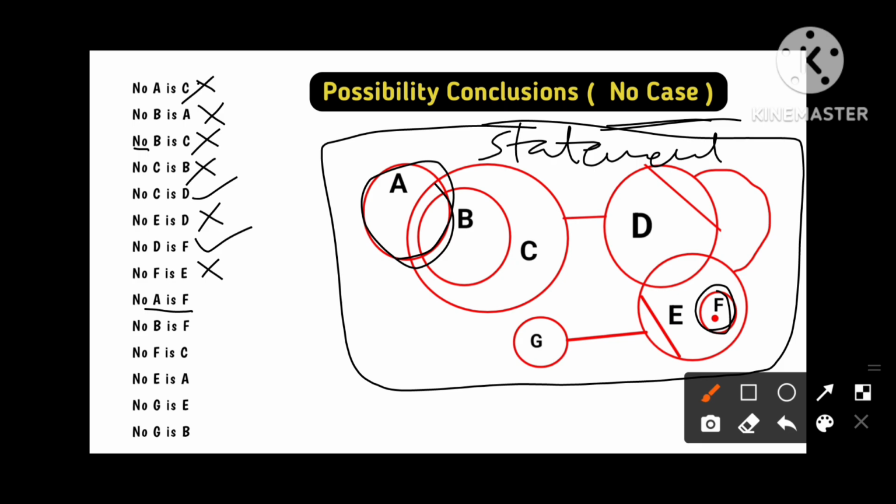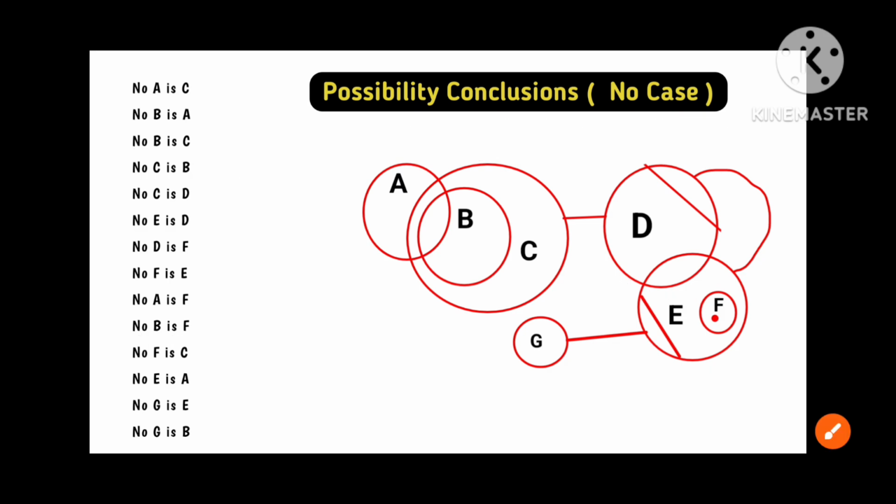So some case fails. Some case fails means no case will be true. Here same again. No B is F. F doesn't share with anything except E. So B and F also don't share. It is true. So this conclusion will be true.